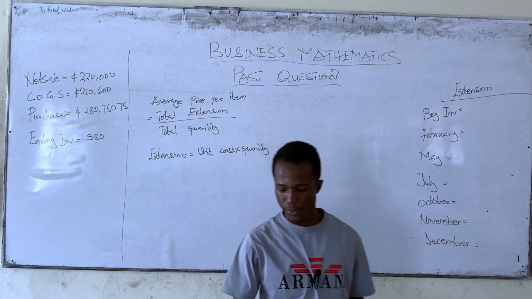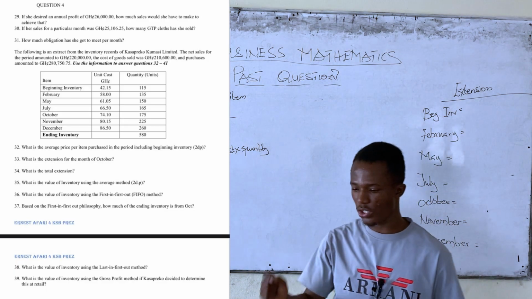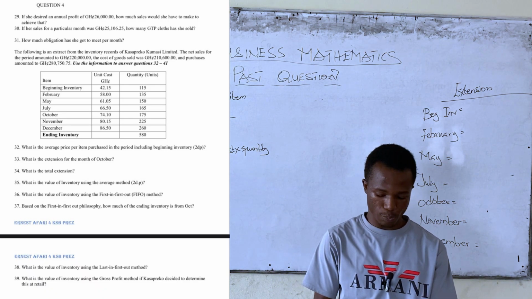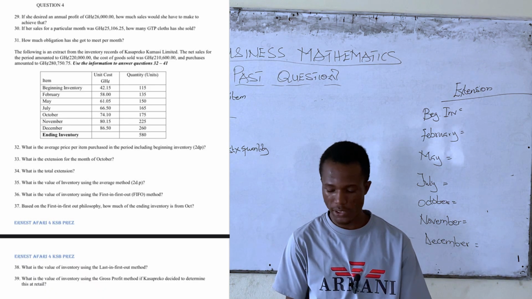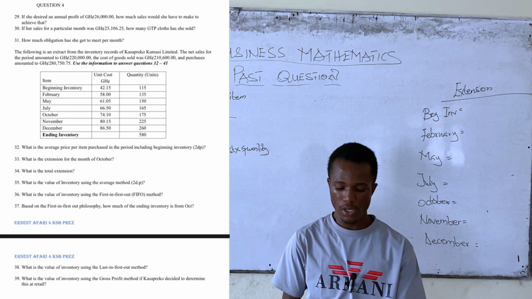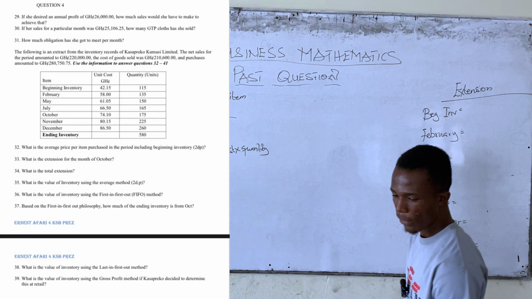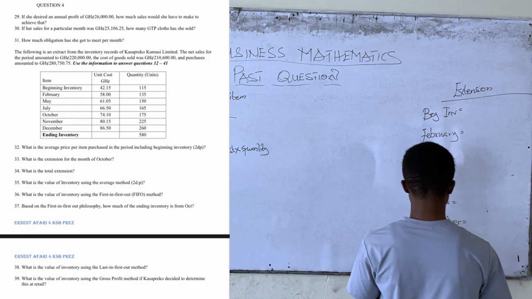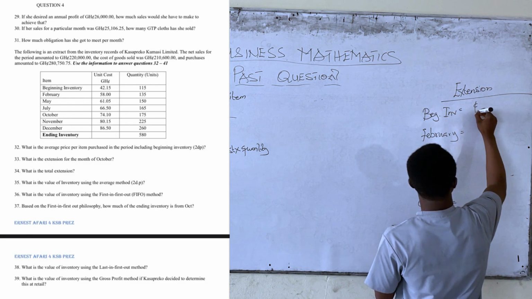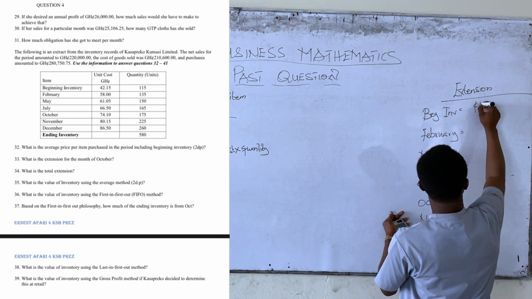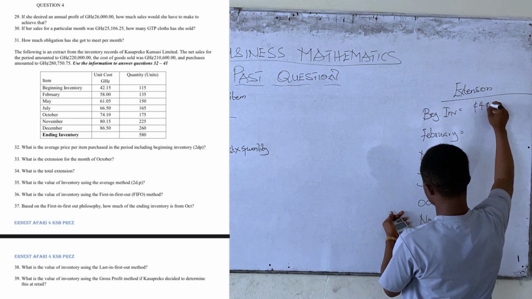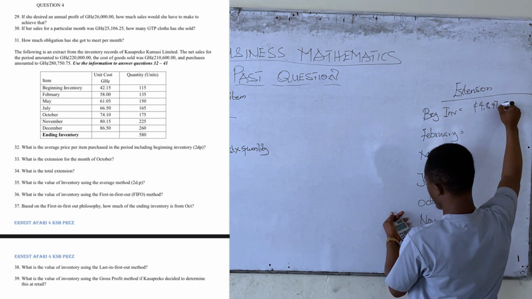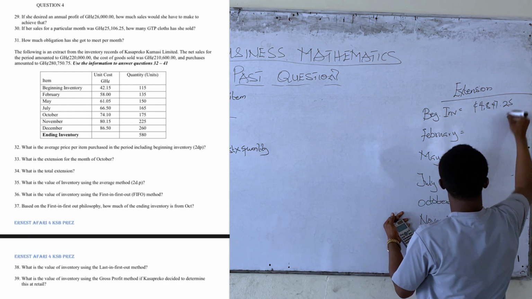For beginning inventory, we have the unit cost of 42.15. So 42.15 times the quantity, which is 115, is going to give us 4,847.25.